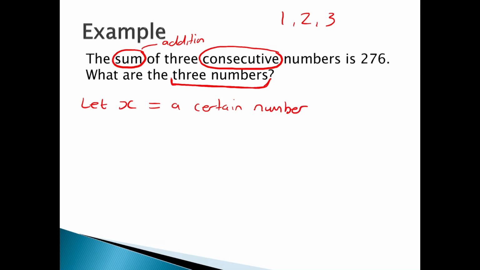If we're looking at consecutive numbers now, our first number in this case is x. Then our second number has to follow on, so it's going to be x plus 1.